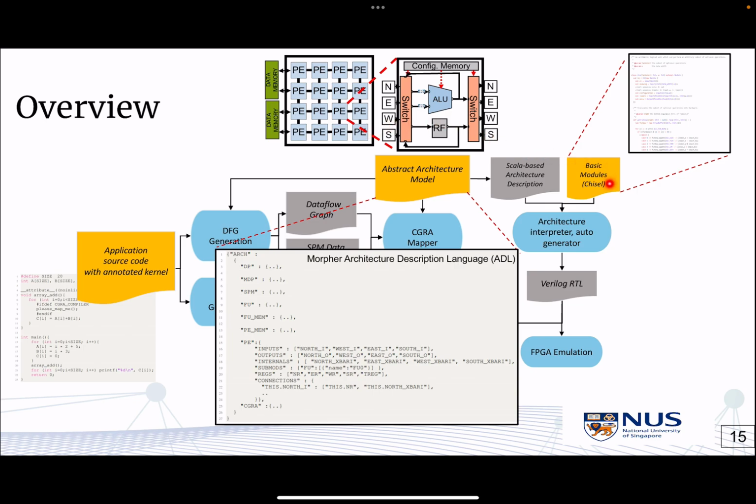We also provide the detailed implementation of each of these basic modules like ALU and switches. This basic implementation is provided in Chisel as a library, and if users wish to add more complicated or more optimized versions of the basic modules, they can also add those implementations written in Chisel.